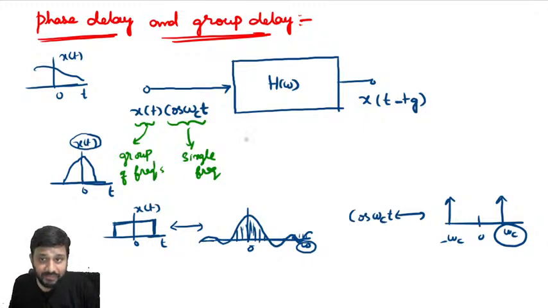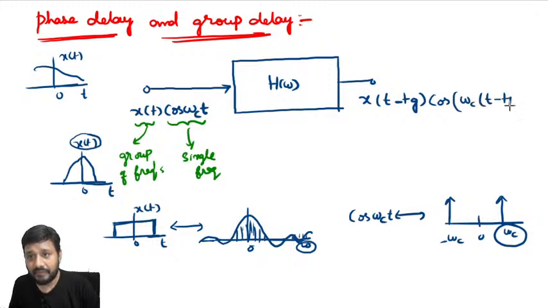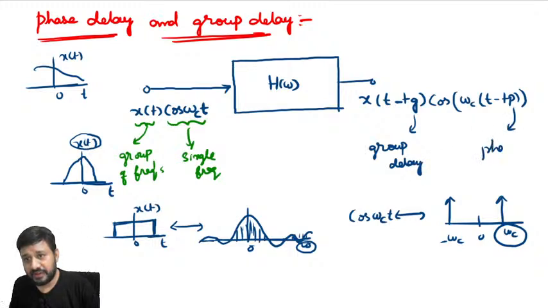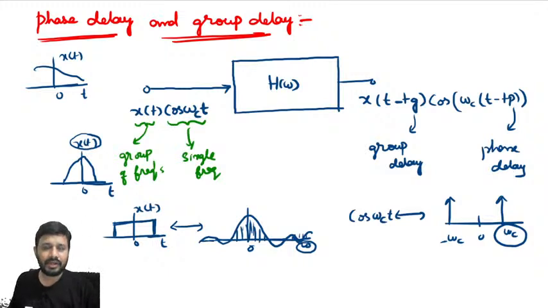And the delay I am going to get in cos omega ct is known as phase delay. Phase delay means delay occurring at a single frequency. Group delay means delay occurring for a group of frequencies.